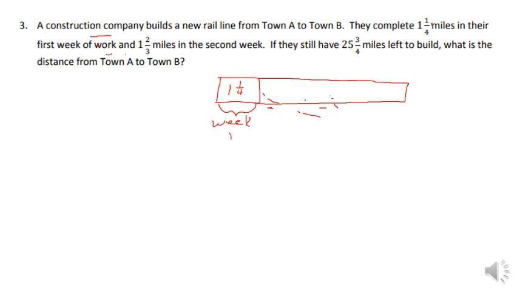Then it says, and 1 2/3 miles in the second week. So here's 1 2/3 miles. And that's week 2. And it says they still have 25 3/4 miles left to build. And what is the distance from A to B?